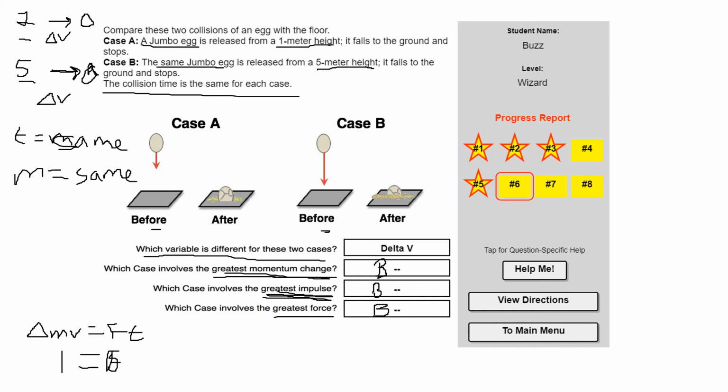It says the same time, so we'll just make up a time. The time is 1. That's how many seconds it takes to stop. I know it doesn't, but it doesn't matter as long as it's the same. The other momentum we're going to call 5. So 5 equals f times 1.